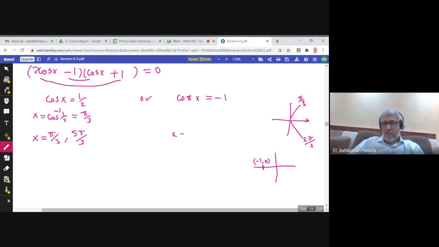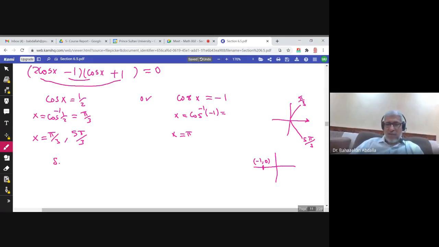And I'm sure if you ask the calculator to find cosine inverse of negative 1, it will give you pi, all right? But you need to know whether it is the only solution or there are more solutions. So in this case, this is the only solution.